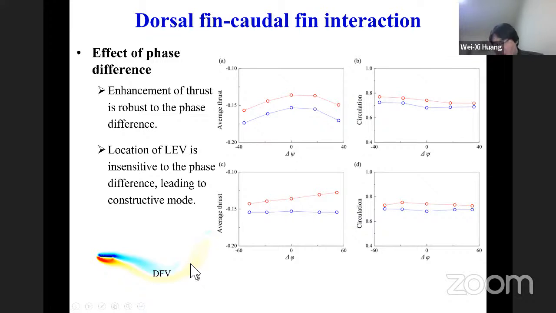This kind of interaction is found to be robust if the distance is not too small. So the vortex interaction has some kind of feedback, adjusting by itself to result in the beneficial interaction.